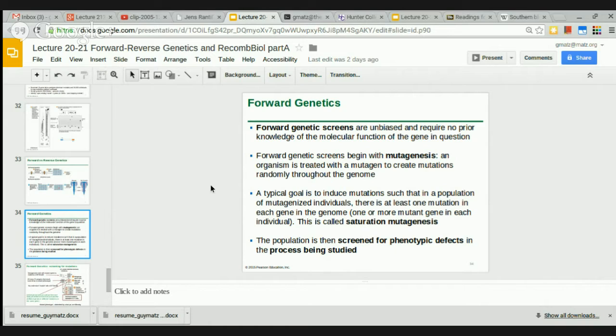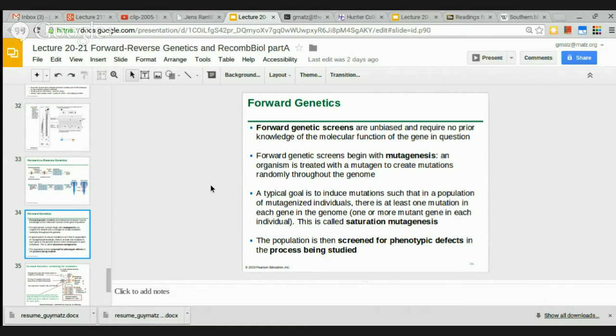You don't think, oh, I think I know how this works, so I'm going to mutate this gene that I think has a function here. Instead, you just say, okay, I'm ready to accept anything that I can find that affects this process. And many times, it's quite surprising what you find and gives us insight into things that we didn't even know we needed to know. So forward screens are still an extremely important part of how we learn how the biological world works.